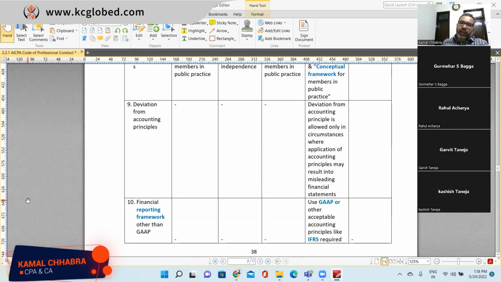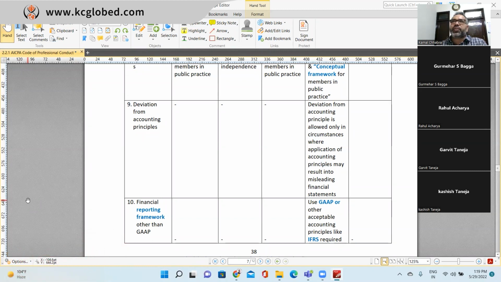If you are applying the standard and it will result in misleading information, then to avoid that misleading information, you can deviate from the accounting principle. Otherwise, you cannot deviate from the accounting principle rules, right?